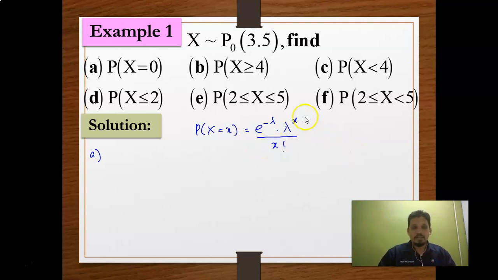In this case, lambda is 3.5, and x is according to the value given. So the first one here, the probability of x equal to 0.